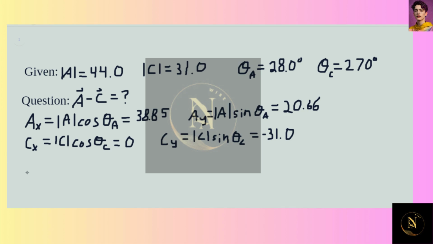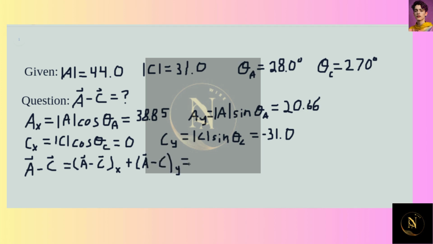So now, if we want to get A minus C, this is equal to A minus C for the x components, plus A minus C for the y components.